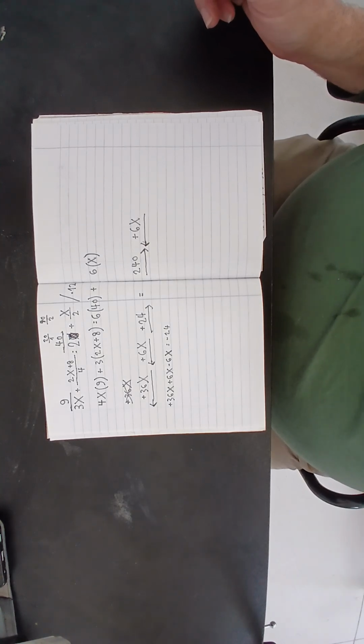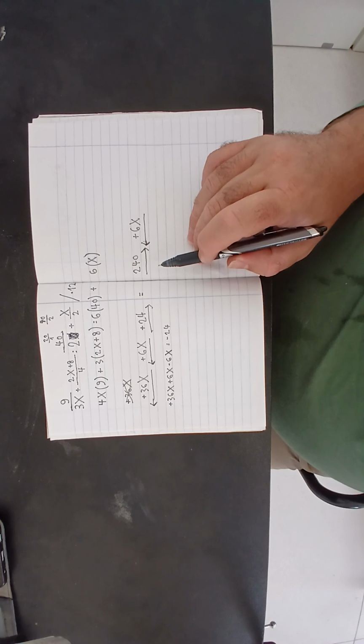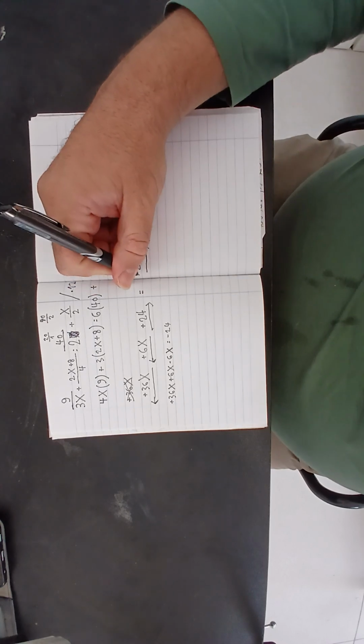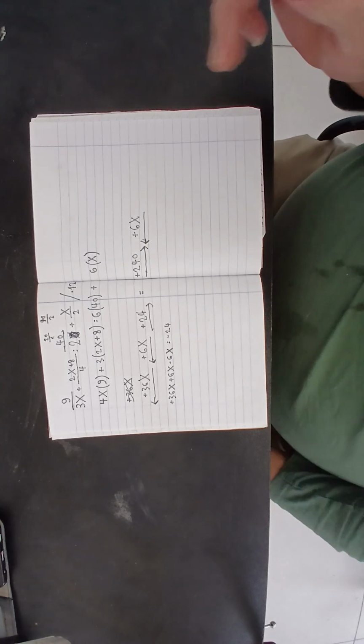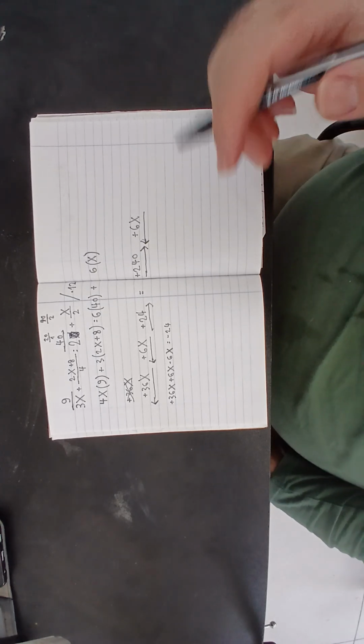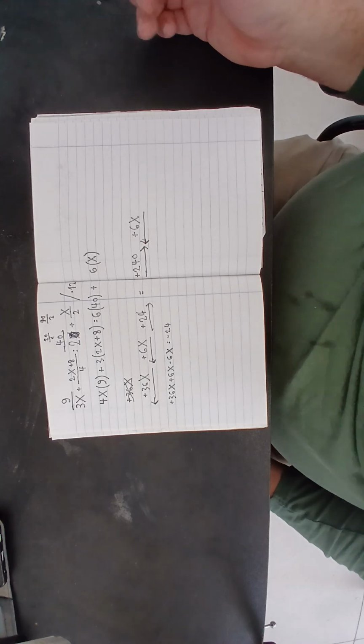Okay, and finally the number plus 84, I'm not going to change its sign because it's written after the equal sign, where it's supposed to be.